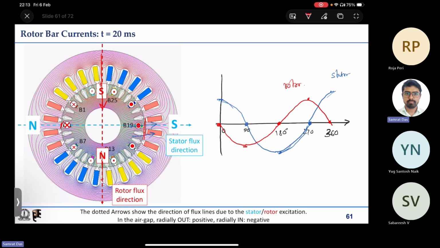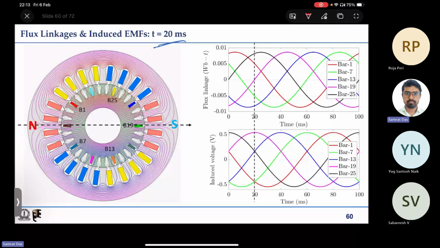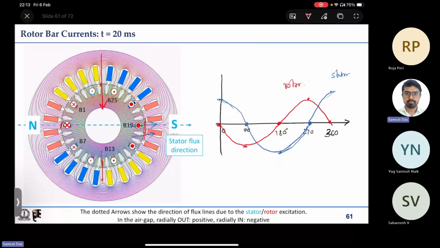So you have torque production, and this is the perfect scenario for torque production, because if we have two fields, if the relative displacement is 90 degree, the torque is basically proportional to the sine of the angle between the two, delta. If it is 90 degree, then for that given field we can have maximum torque production.